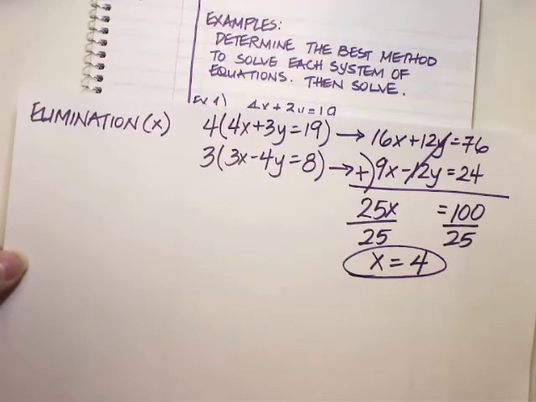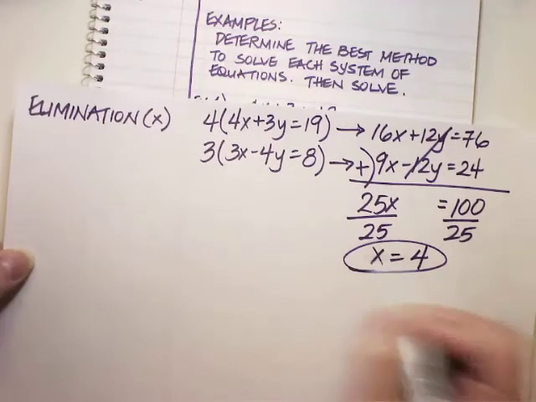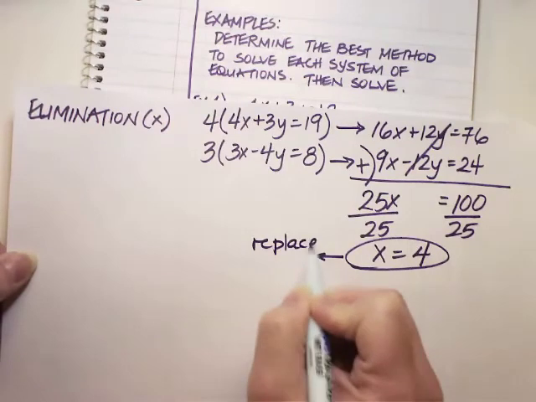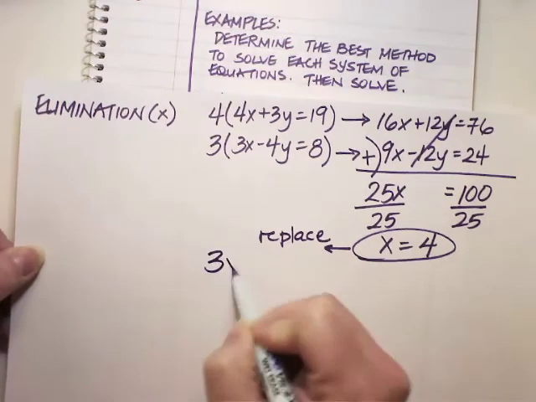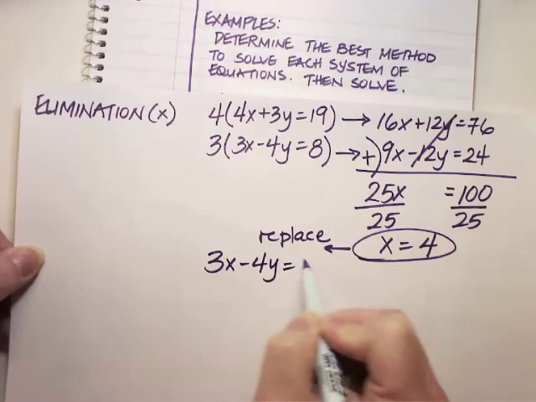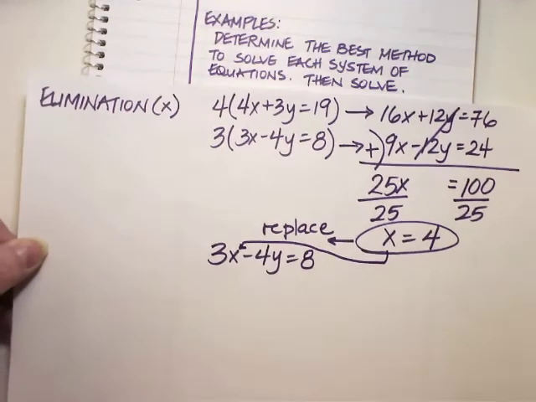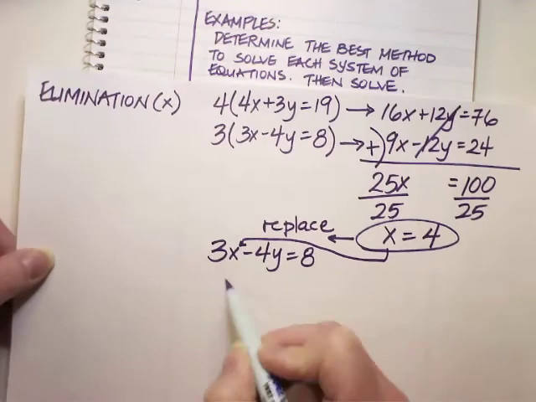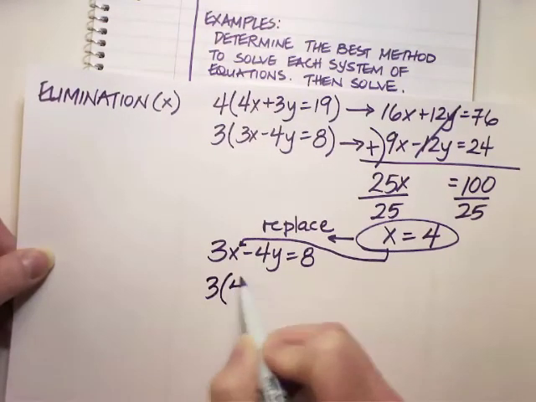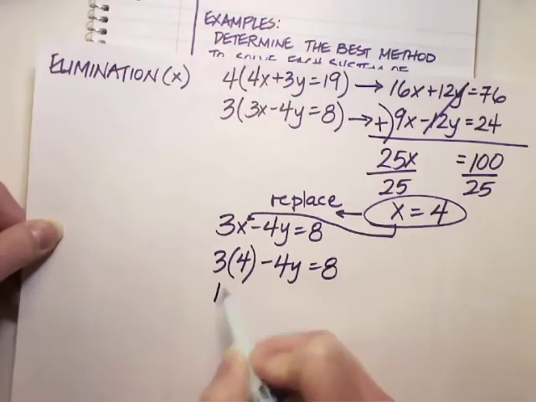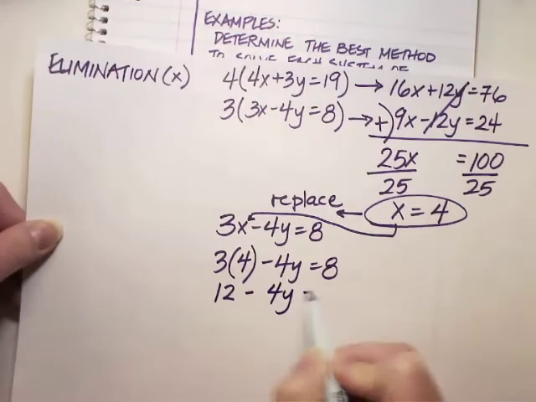It has a smaller number there. So what I'm going to do is take this and replace it into one of the original equations. I'm going to take 3x minus 4y equals 8, and I'm going to replace the x with 4. And so I get 3 times the quantity of 4 minus 4y equals 8, which gives me 12 minus 4y equals 8.